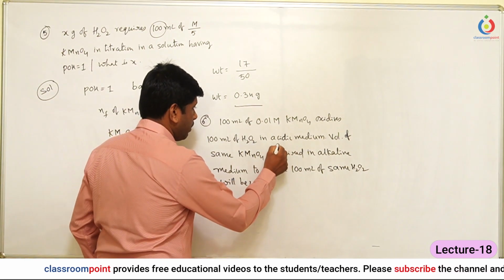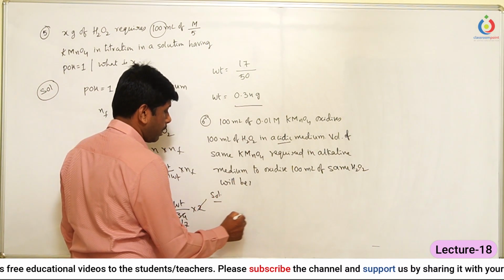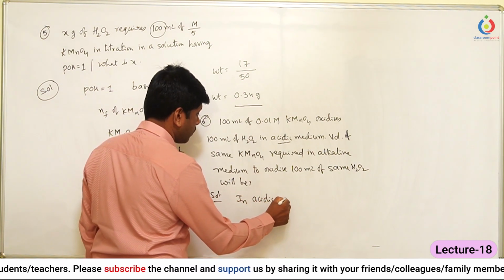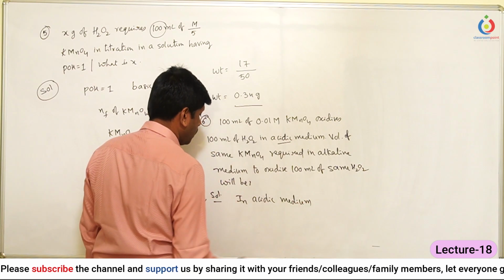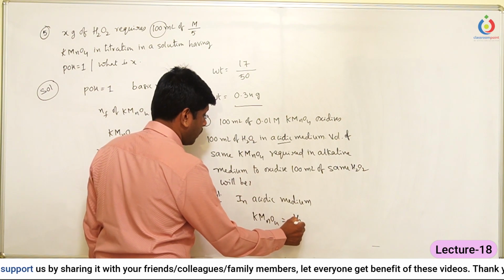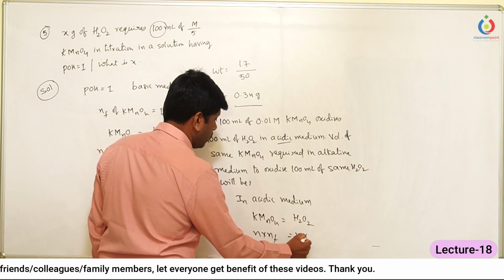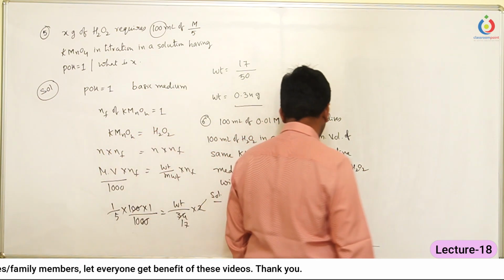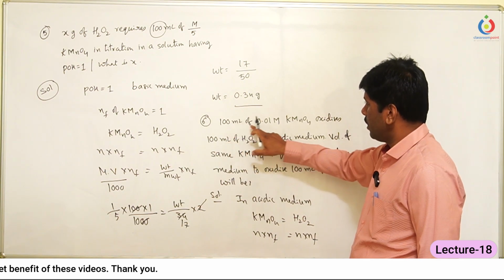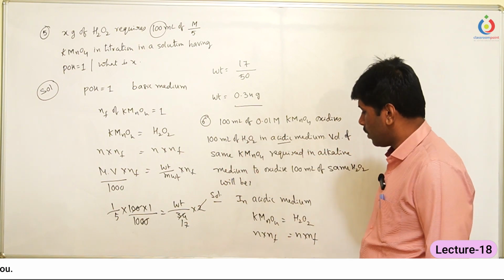So first of all, let us perform the acidic medium calculations. Solution in acidic medium. The number of gram equivalents of KMnO4 equals the number of gram equivalents of the hydrogen peroxide. N into N factor equals N into N factor. For the KMnO4, volume and molarity are given. For H2O2, only volume is given. Let us find the molarity.